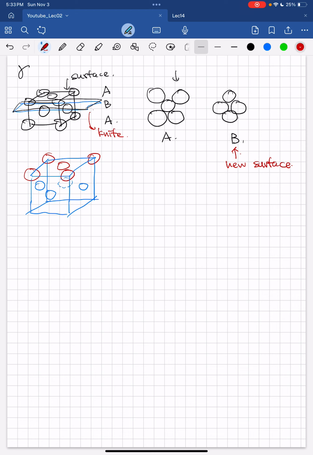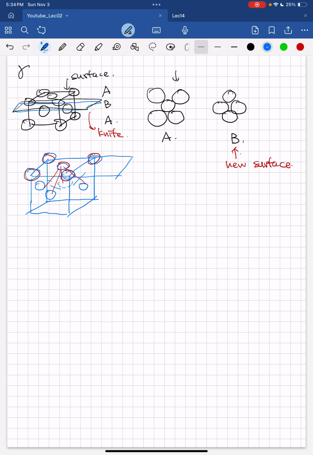We don't have to draw the bottom 5 atoms because we don't need them here. So this one will be connected to all four of these, right? And we have to use a scissor or a knife to cut all these four bondings, and the same logic applies for every atom in this surface.